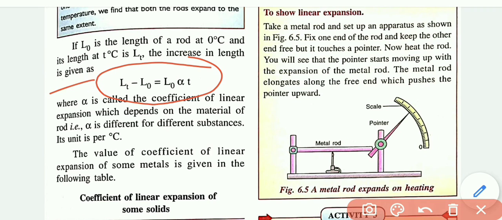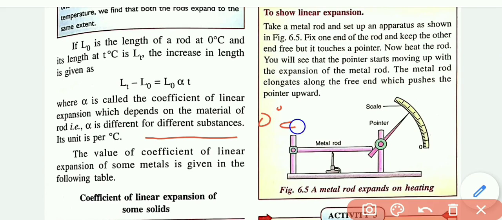For example, this is a rod, and the temperature of the rod is 0 degree centigrade right now. The length of the rod at 0 degree centigrade is L0. Clear? This is the initial length.